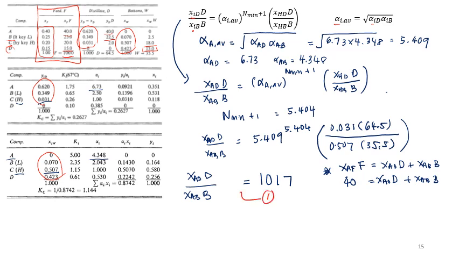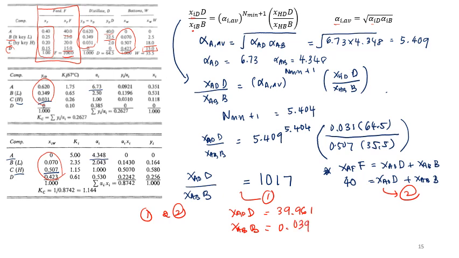Solve equations 1 and 2 to get x_AD D and x_AB B. If you solve these two equations, you get x_AD D is 39.961 and x_AB B equals 0.039.